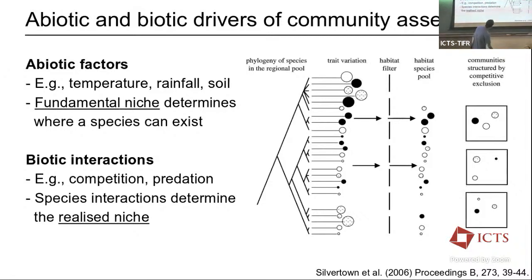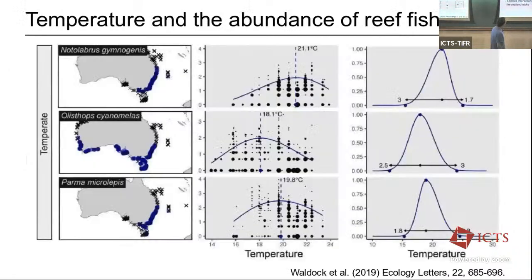So you've got an abiotic filter here. The abiotic filter selects for species that have a certain fundamental niche. And then biotic interactions after that determine whether species actually coexist with each other or not, and that's the realized niche. This is one model of community structuring, and it's the most prevalent way in which we understand how communities are structured.